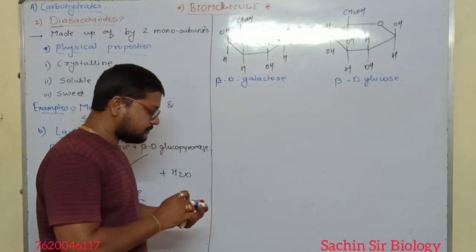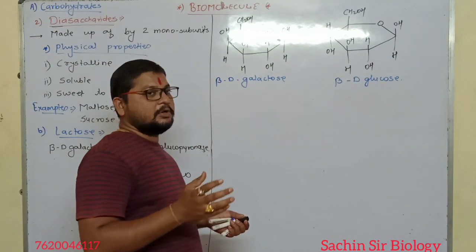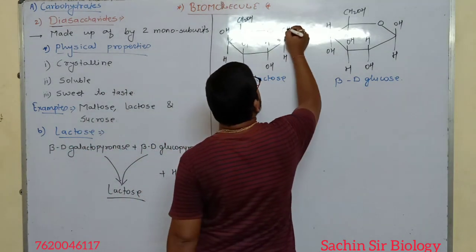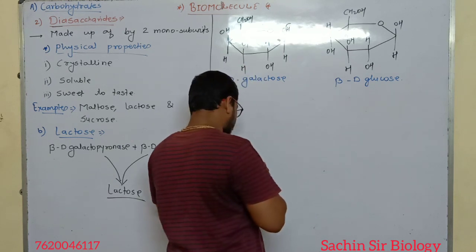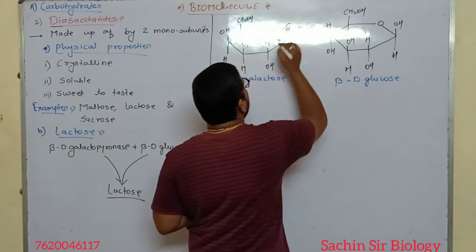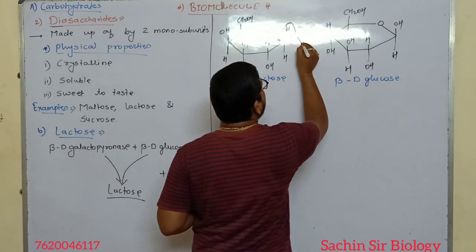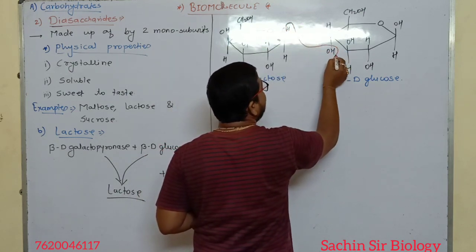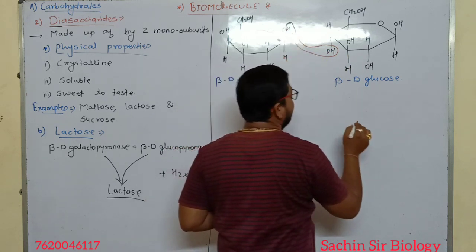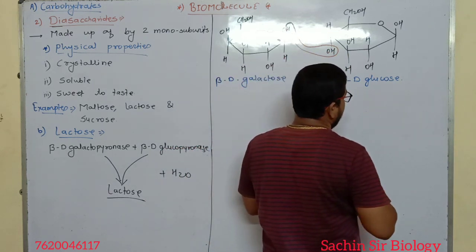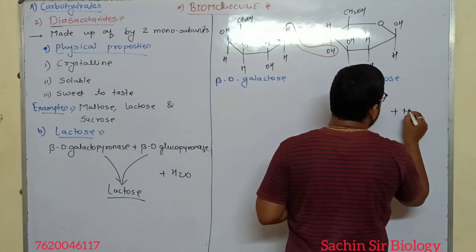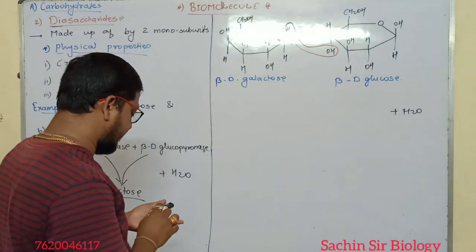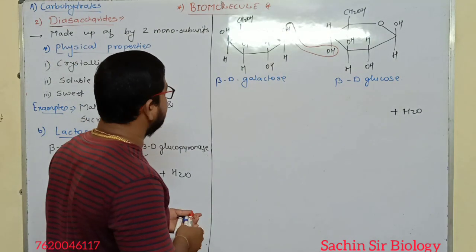So how is the water molecule removed? From galactose, hydrogen is removed, and from glucose, the hydroxyl group is removed, and then it produces a water molecule. That is called dehydration. Now how does this lactose formation take place? It's very simple.